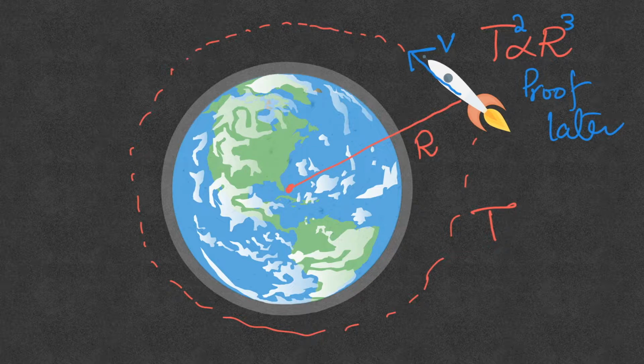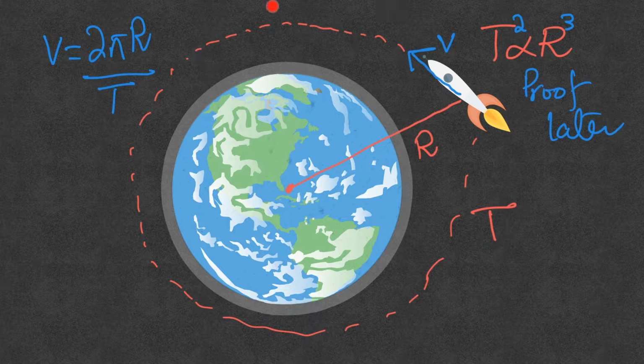And if you remember from my previous episodes, that we're discussing uniform circular motion, so that means my speed is also constant. And from the previous episodes, if you've seen them, I hope you've seen them, we can say that my speed v is 2 pi r, which is the distance, over time, which is the time for one circle. So 2 pi r is the distance that you travel in one circle.